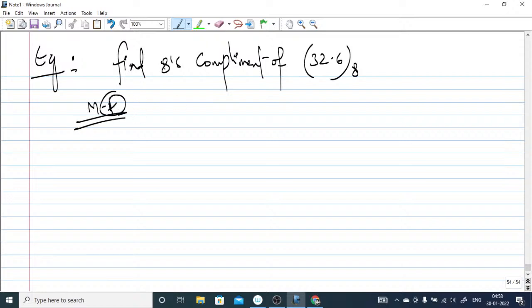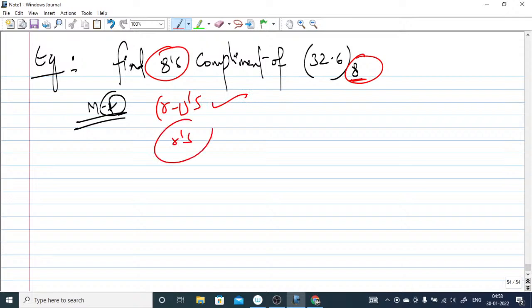If you want to find the eighths complement and the base is 8, you have to find the seventh complement first. You have to find r minus 1's complement first, then add 0.1, whatever. There is one digit after the fraction, so you have to add 0.1, right?